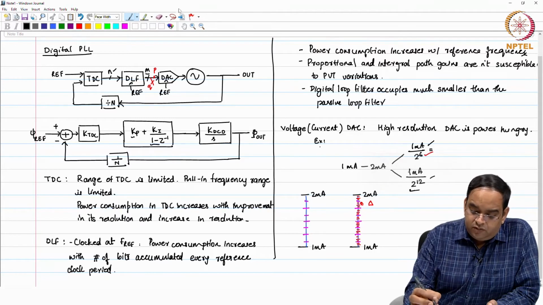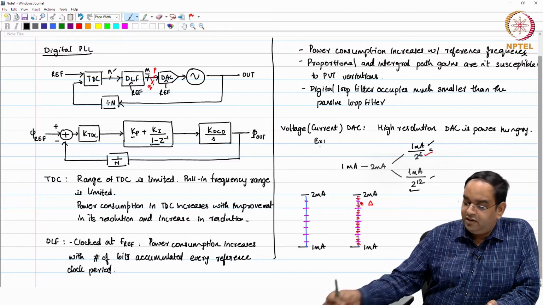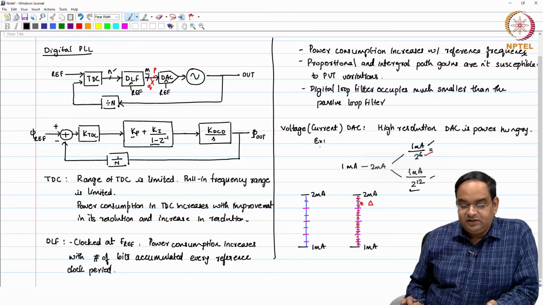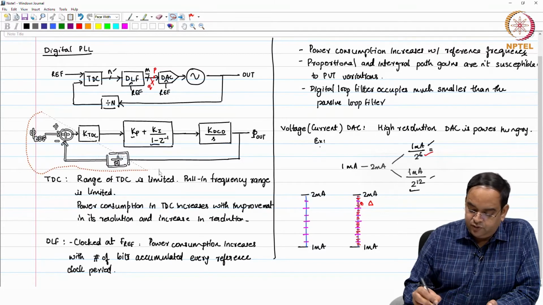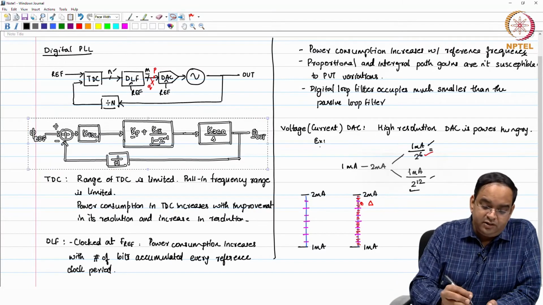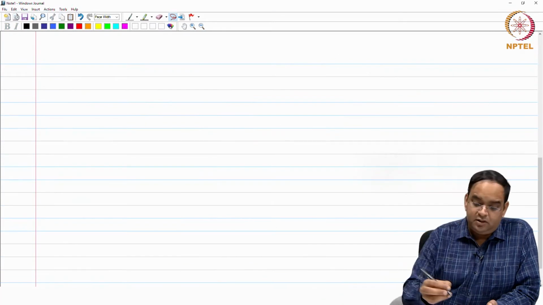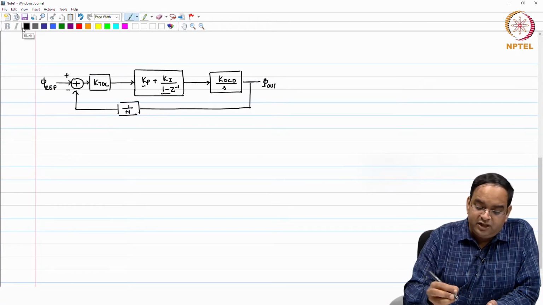So, now what we are going to do here is find what the noise sources are in this digital PLL, similar to the noise sources in the analog PLL, and try to see how they get filtered by the PLL. This is a small signal model of the digital PLL, and we will identify the noise sources.